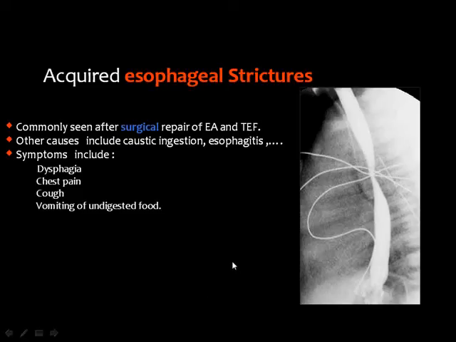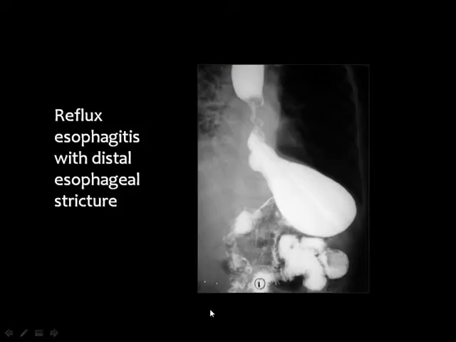Then acquired esophageal strictures are usually the sequelae of surgical interventions, but the other causes include caustic ingestion and esophagitis due to reflux, and the symptoms of acquired esophageal strictures will include dysphagia, chest pain, cough, and vomiting. And here is an esophageal stricture which is secondary to reflux esophagitis.